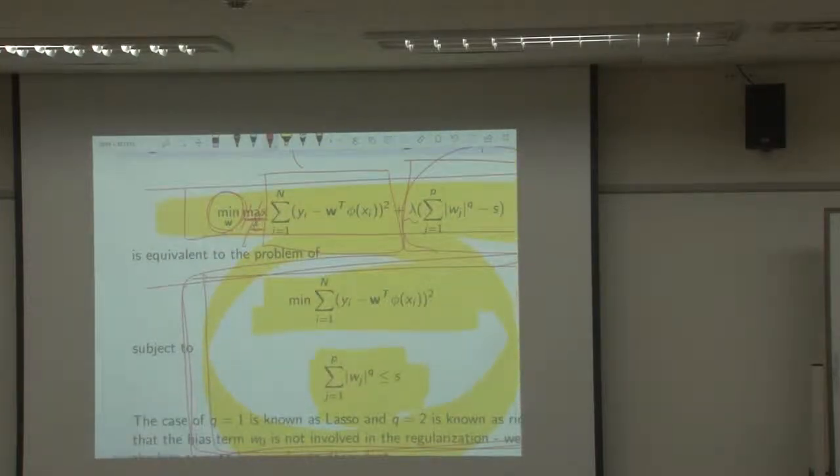If I'm trying to do this, I'm minimizing. What is that trying to do? I'm trying to minimize this, right? I'm trying to minimize the residual sum squared and also the regularizer. Okay? And I'm going to assume with some ratio lambda.